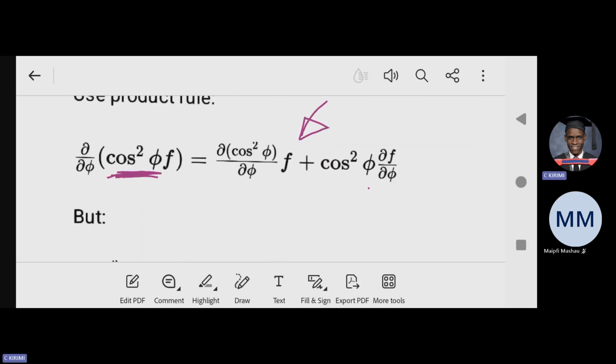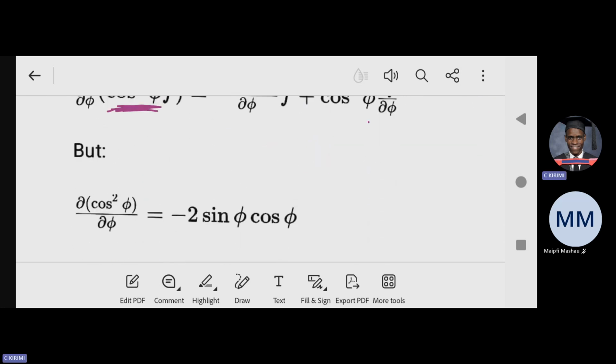After the product rule, isn't it differentiation? When you differentiate cos squared, what do you get?